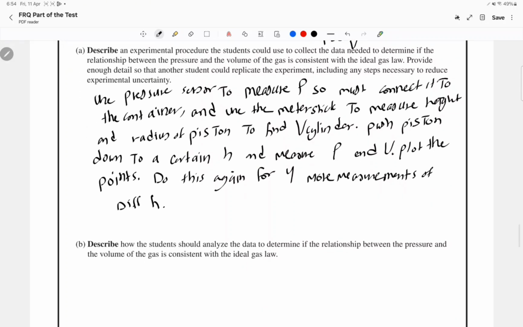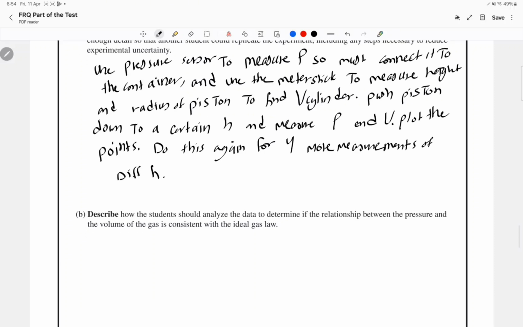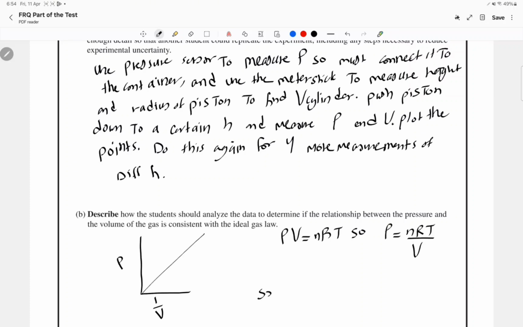B. Describe how the student should analyze the data to determine if the relationship between the pressure and the volume of the gas is consistent with the ideal gas law. So look, if you were to plot P versus 1 over V, you expect to get a straight line going up, right? You should. So you're going to say PV is equal to nRT. So P is equal to nRT over V. So y is equal to mx.